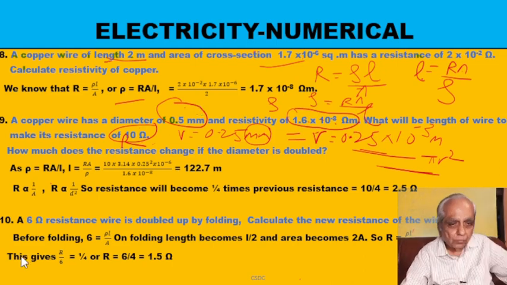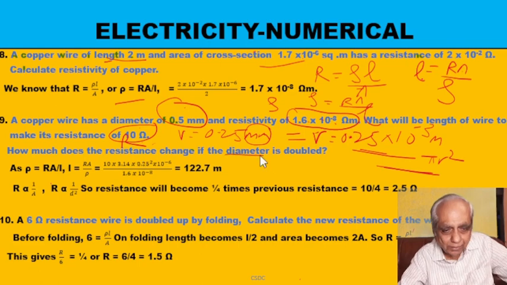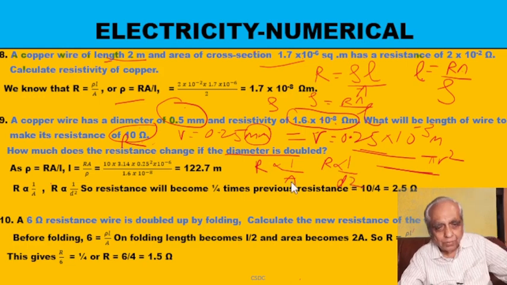Okay. Now, how much does the resistance change if the diameter is doubled? Now you see diameter is doubling. We have learned that resistance is proportional to 1 upon area. So I can say R is proportional to 1 upon D square. Area is equal to pi D square upon 4.